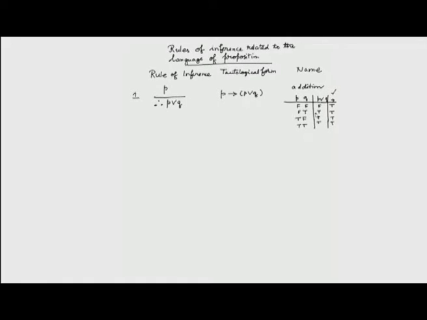The last column corresponds to the proposition P implies P or Q, and we see that it is always true.